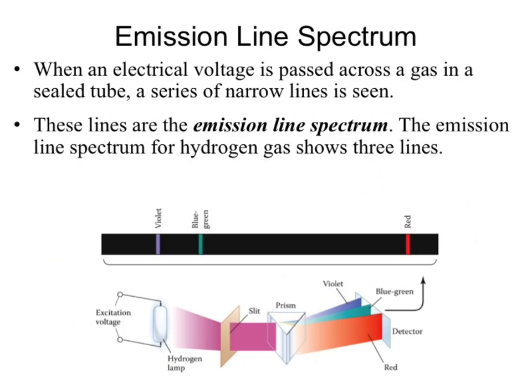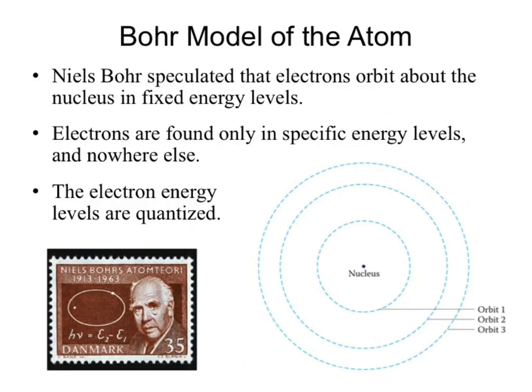To get individual bands of color as opposed to a continuous spectrum, we have to have very particular energy levels to jump back and forth between. We can't just take that electron and move it to any individual position. It has to go to a particular step before it's allowed to jump back down. And what we're looking at in that case is what's known as a discrete spectrum or discrete energies.